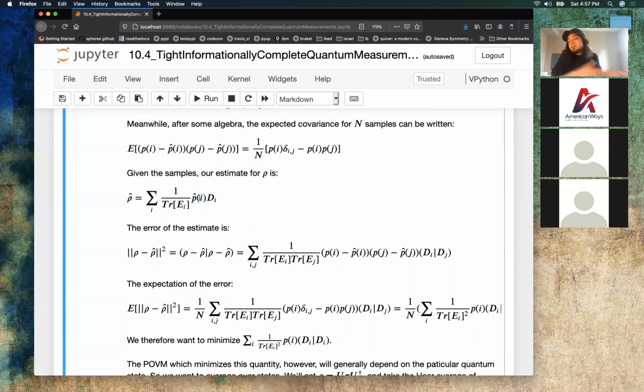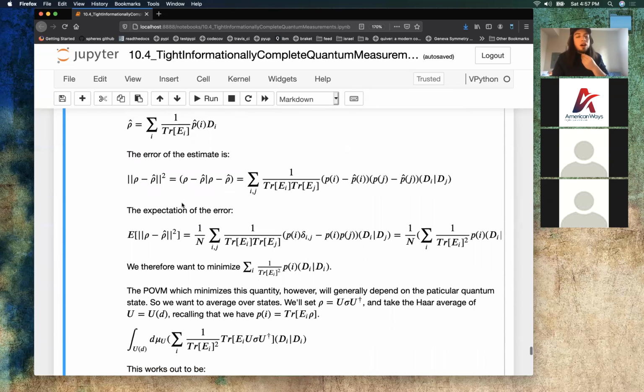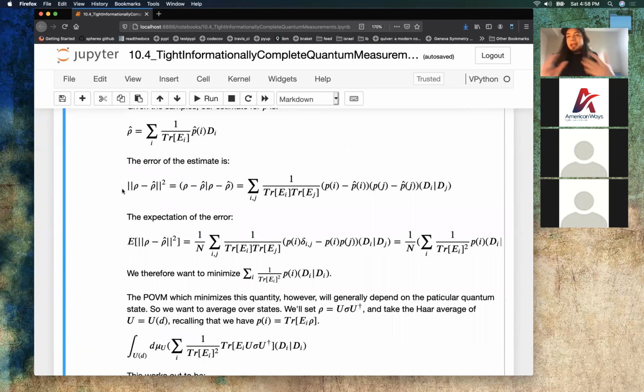And we know that those are supposed to weight the dual elements of the POVM in order to get this. And then we have 1 over trace of E_i, and that's the weight. So the error of the estimate is rho, the actual rho, minus the reconstructed rho, given some finite number of samples. So we're just going to use the Frobenius norm.